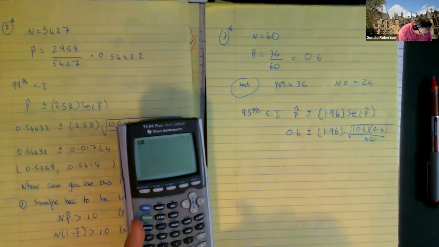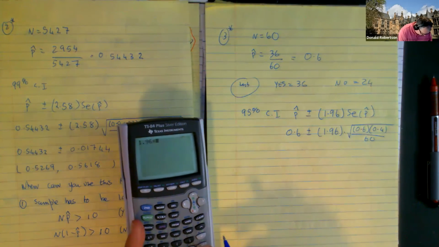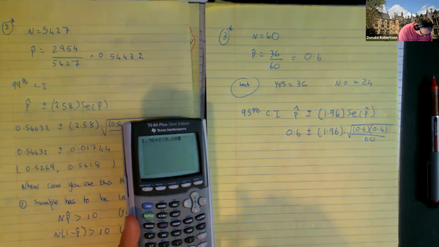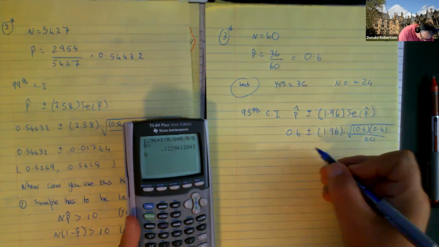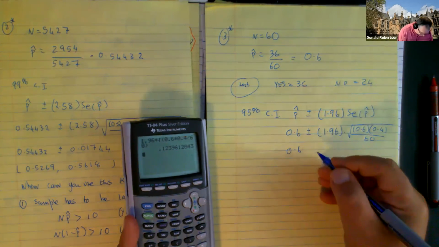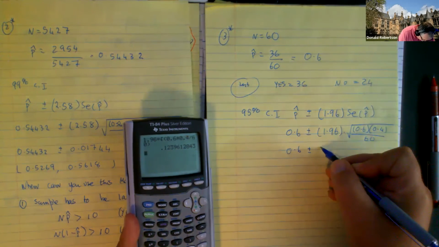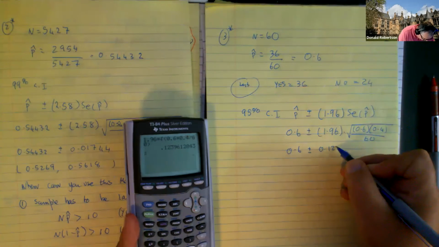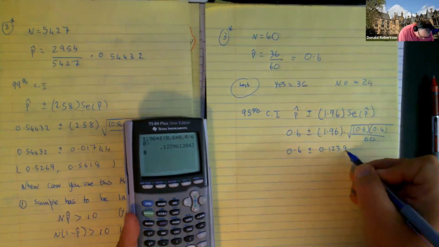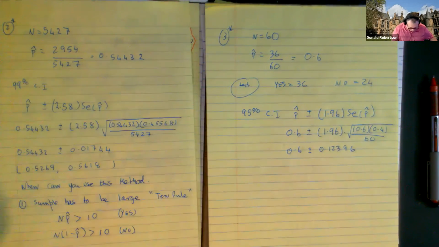So 1.96 times the square root of 0.6 times 0.4 divided by 60, and the answer is, what accuracy do they want in here? 4 decimal places. So give or take 0.1236.